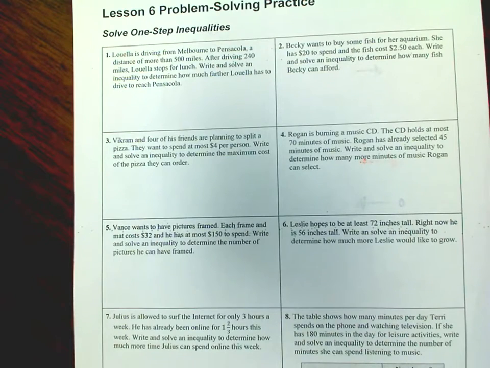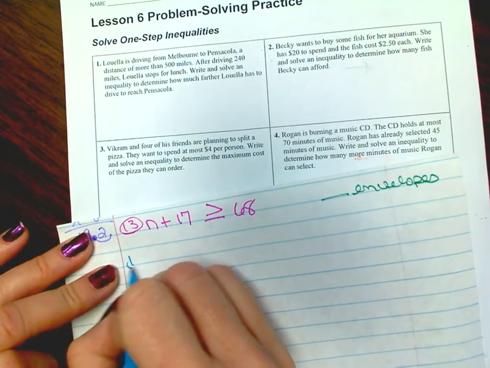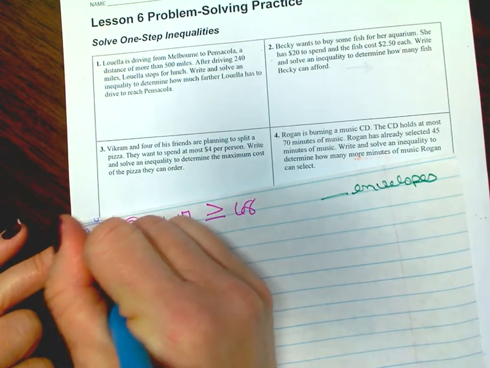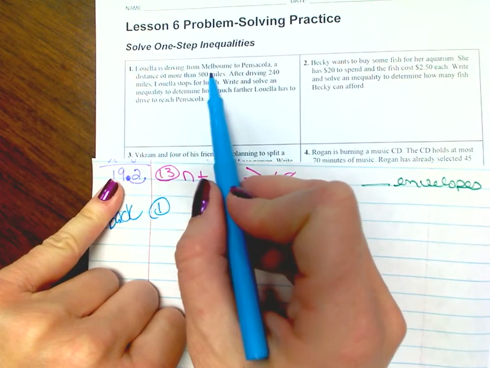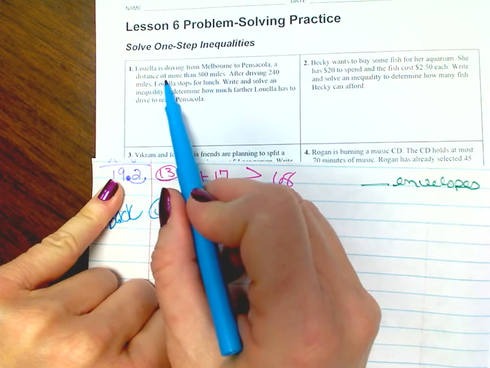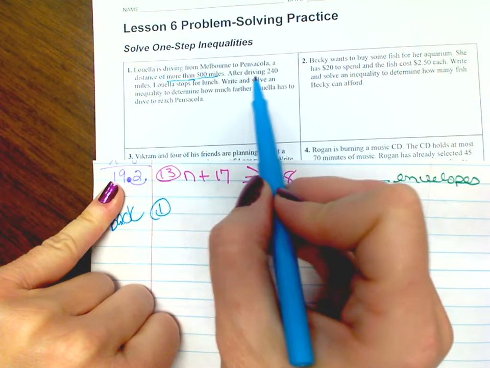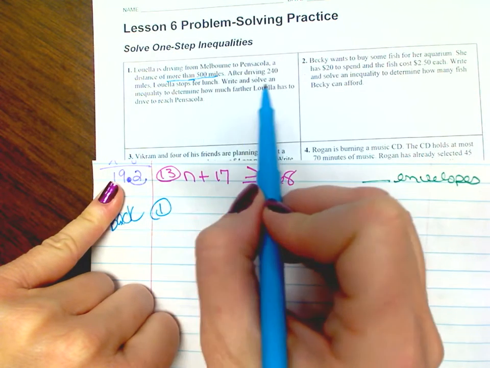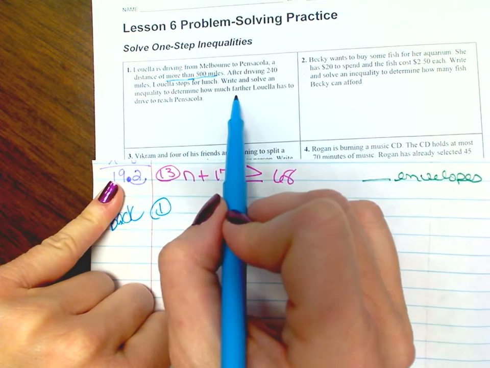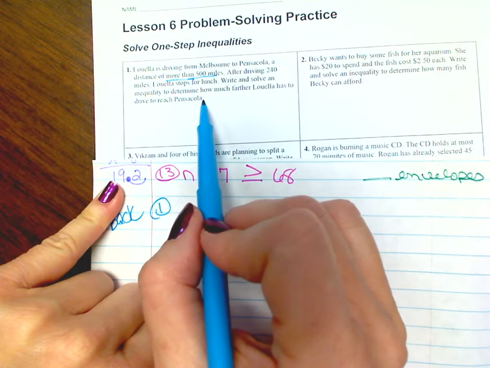Okay, let's look at number 1 on the back. Luella is driving from Melbourne to Pensacola, a distance of more than 500 miles. After driving 240 miles, Luella stops for lunch. Write and solve an inequality to determine how much further Luella has to drive to reach Pensacola.